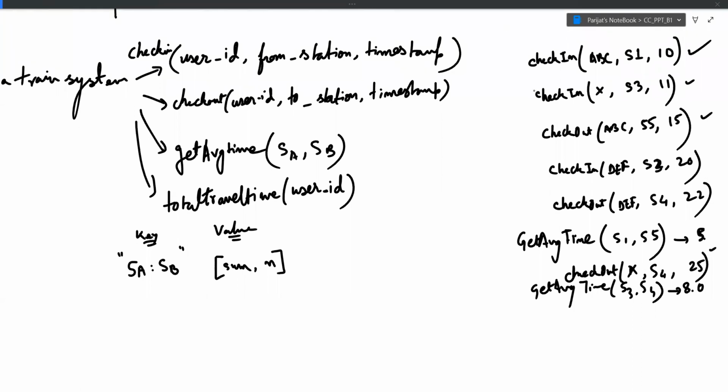Anyone? How can we do the check-in, check-out part now? We figured out how to do the get average time. How do we handle the check-in, check-out optimally?